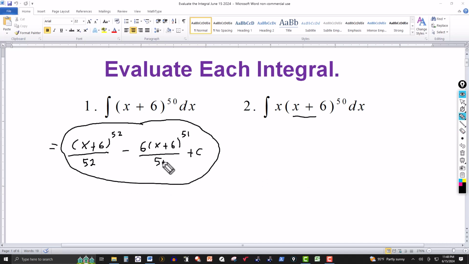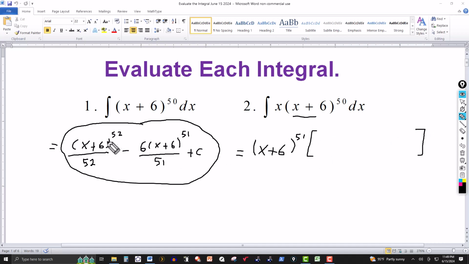Now what you can do here is take the derivative and check to see if it gives you the integrand. It requires a little bit of algebra. It can be done. I'll let you do that. What I'm going to do, sometimes you want to write this in simpler form. So let's see if we can rewrite this. I have an x plus 6 to the 52nd power, and x plus 6 to the 51st power, so I can factor out x plus 6 to the 51st power.